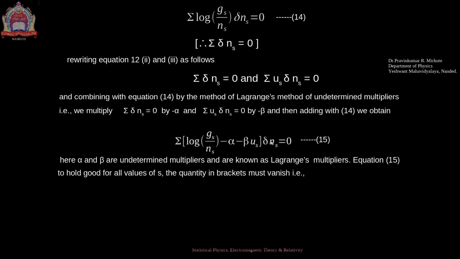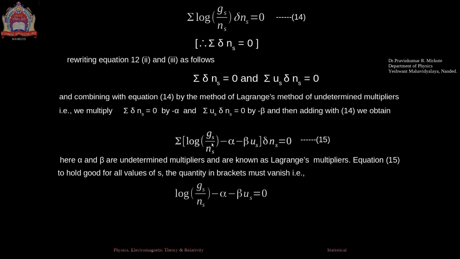Here alpha and beta are the undetermined multipliers and are known as Lagrange multipliers.